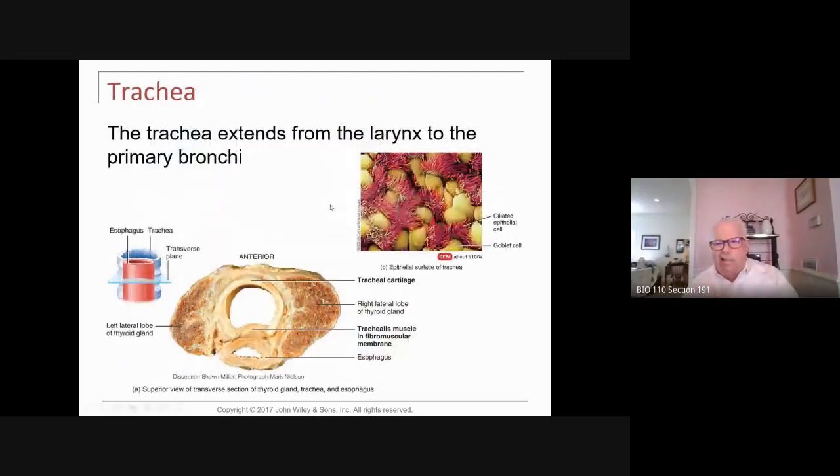Once we get past the larynx, we are now in the trachea. And the trachea extends from the larynx to the primary bronchi. That's where the bronchi split off into right and left main bronchi. And in the center of the split is the carina, which I told you is a very sensitive area which has the cough reflex in it.